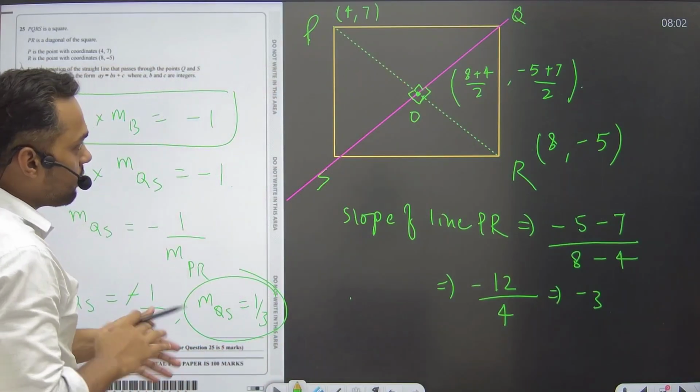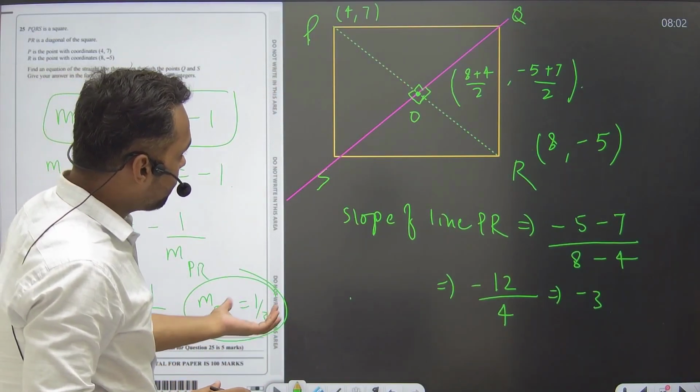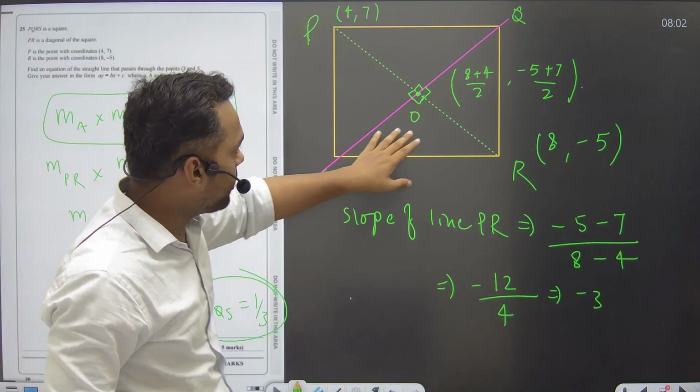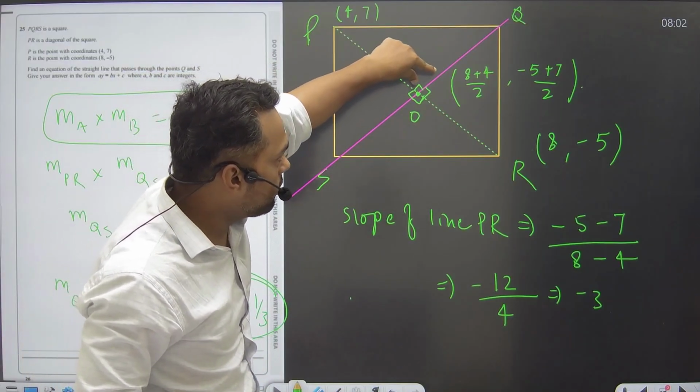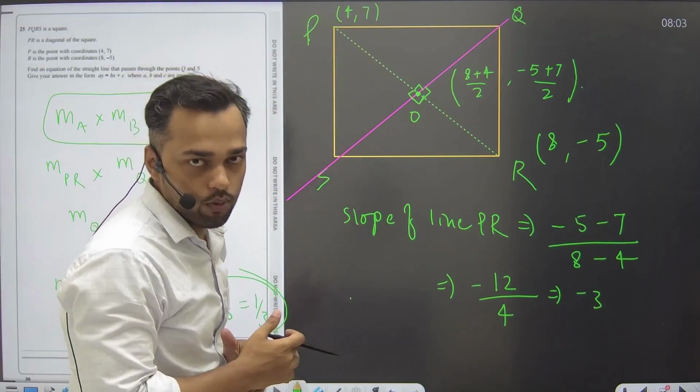Now we have got the two values, the slope of the line QS and the coordinate of point O. We can see that O lies on both the lines QS and PR.